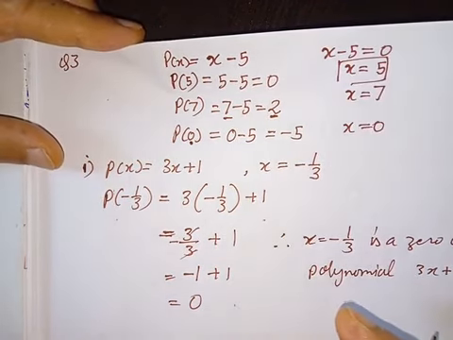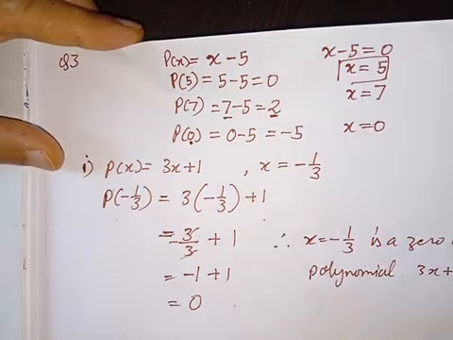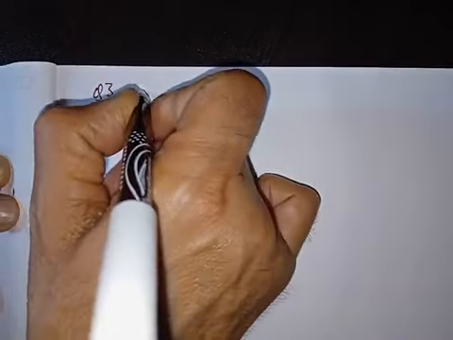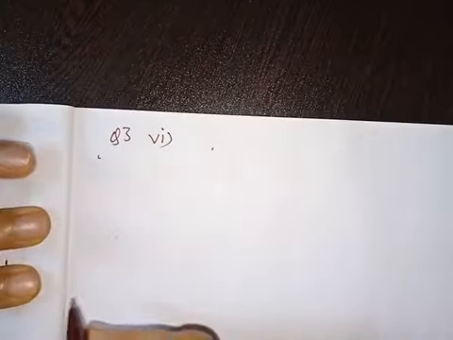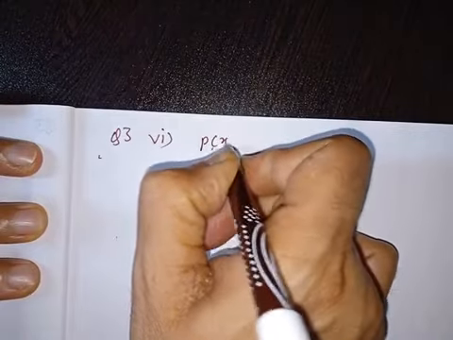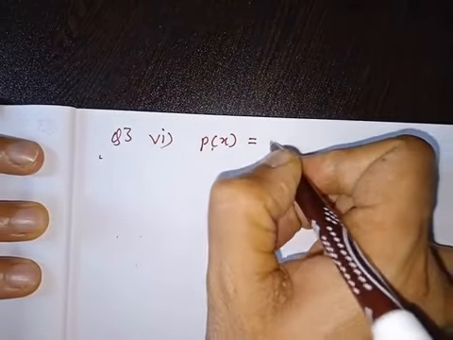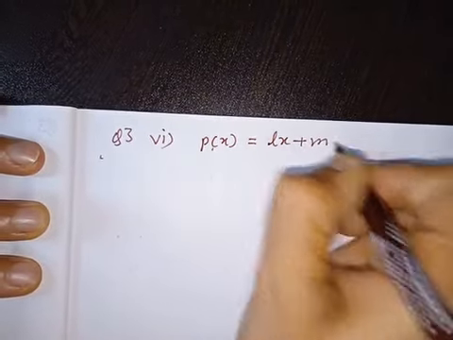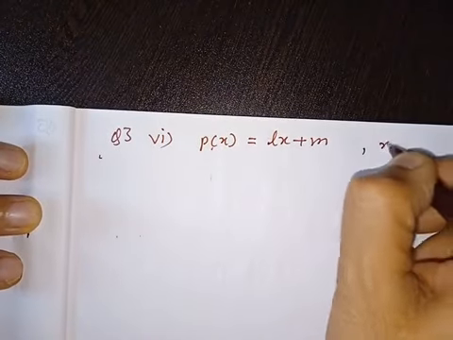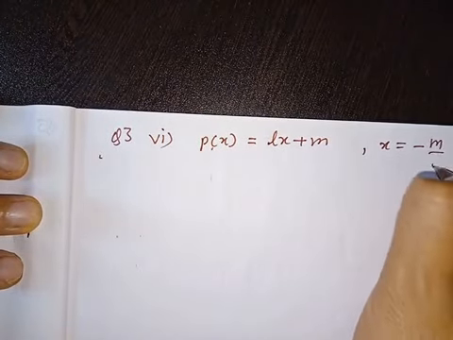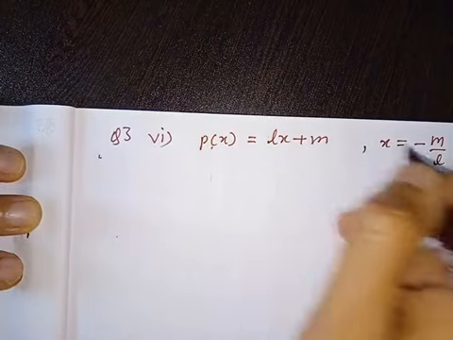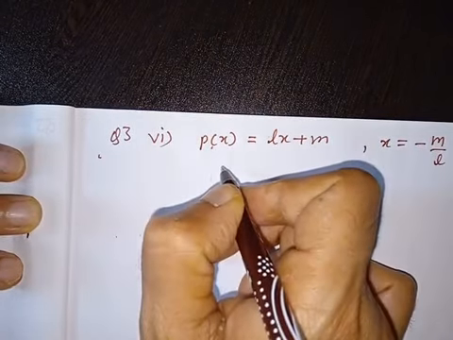Now let me do one more example, that is the sixth part of question number 3. The sixth part is where P(x) is given to you, which equals lx plus m, and you have to check it for x equals minus m upon l. Now what I will do, I will replace x by minus m by l.